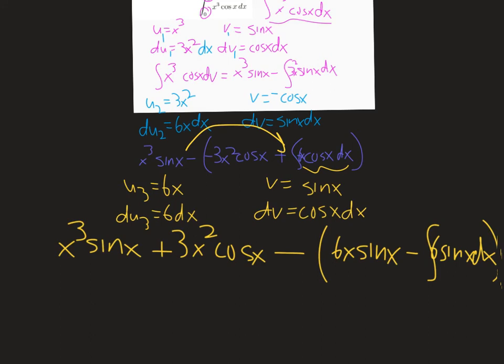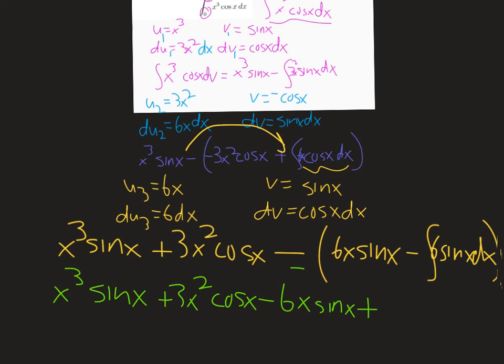So I'm going to have x cubed sine x plus 3x squared cosine x minus 6x sine x, minus minus is a plus, the antiderivative of sine x. Oh, that's negative cosine x, so it's not actually a plus, it's a minus. Minus 6 cosine x plus C, but I forgot this is a definite integral.